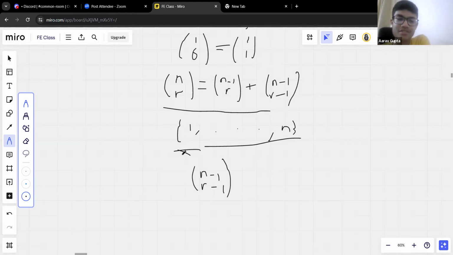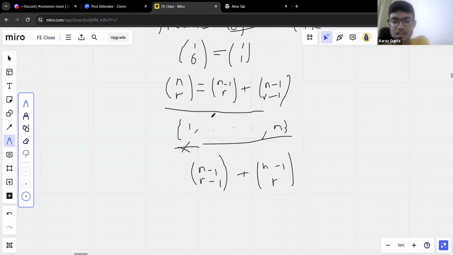If they don't contain 1, then out of these n minus 1, they contain r. So n minus 1 choose r is the ones that don't contain 1. When you add them together, they are the total number of r-element subsets.